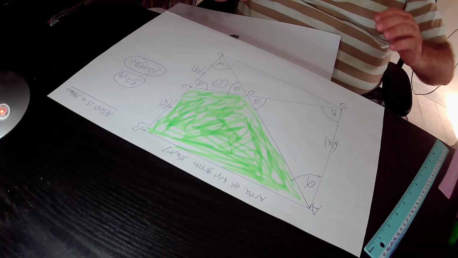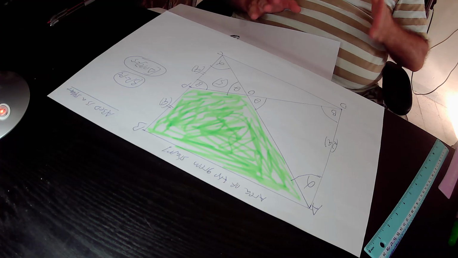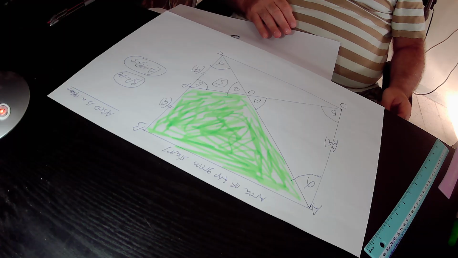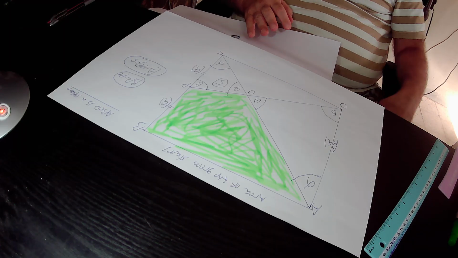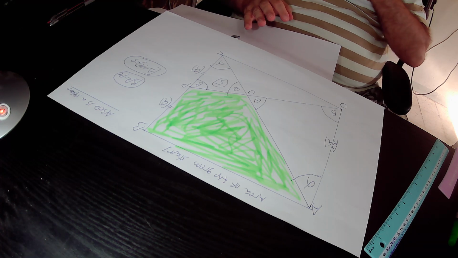And from the fact that those two triangles are similar to each other, we can implement here rule 22 that talks about similar triangles.